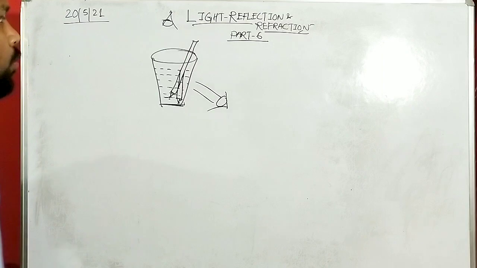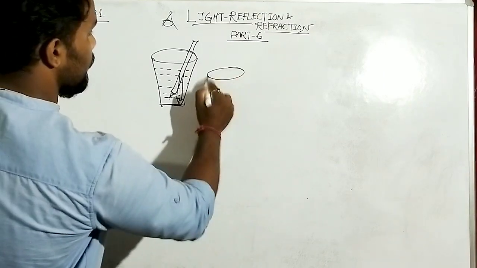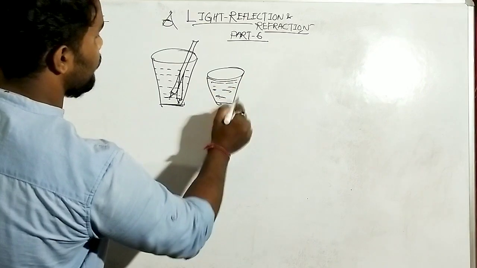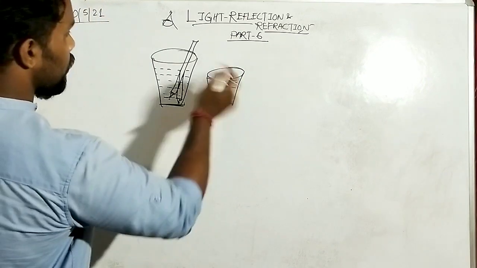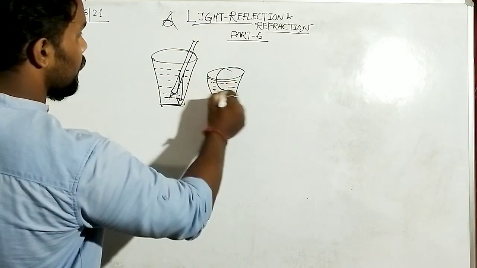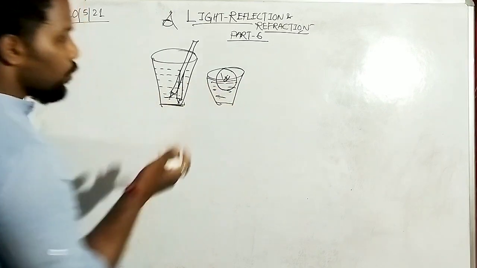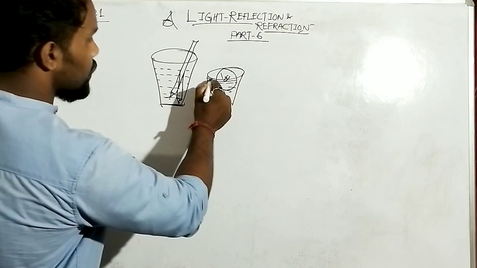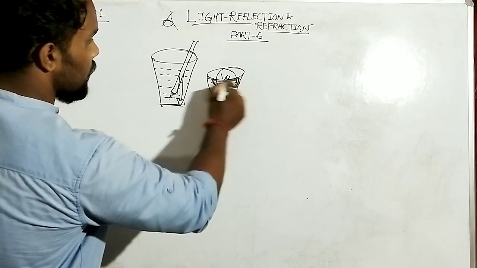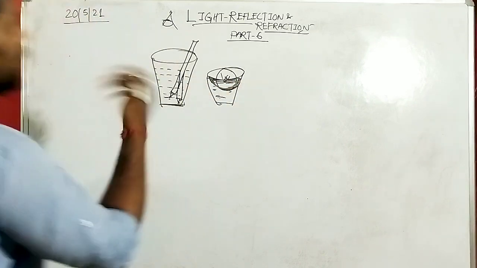Again, consider one more glass, and it is also completely filled with water. If you dip a piece of lemon, consider this as a lemon, the part which is inside the water looks a little bit bigger in size compared to the above part, which is outside of the water.